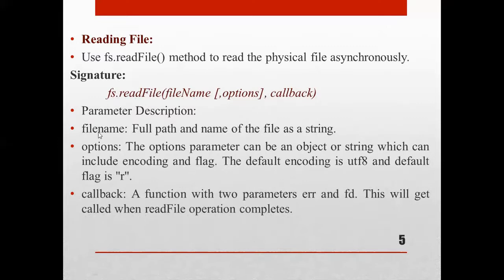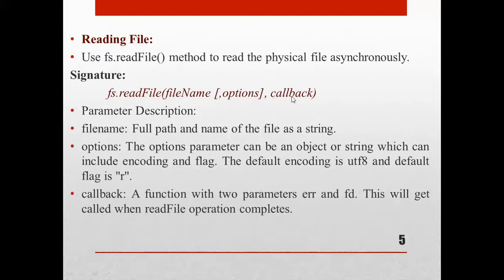Here you can see the description of the parameters. File name means the full path and name of the file as a string. We can give the full path name of that file or directly the name of that file. Then options: the options parameter can be an object or string which can include encoding and flag. There are several flags, we will see later on. The default encoding is UTF-8 and the default flag is r, that means read mode.